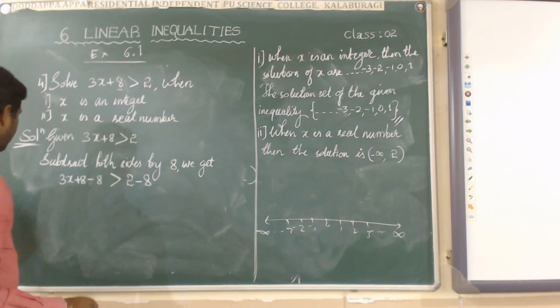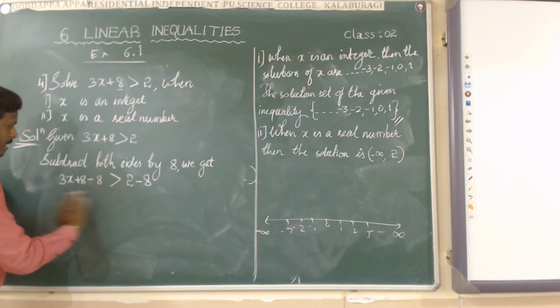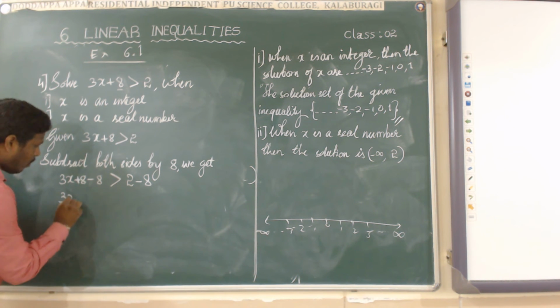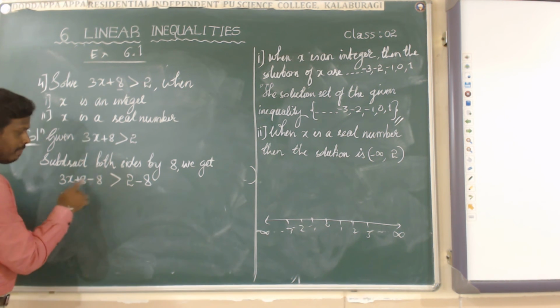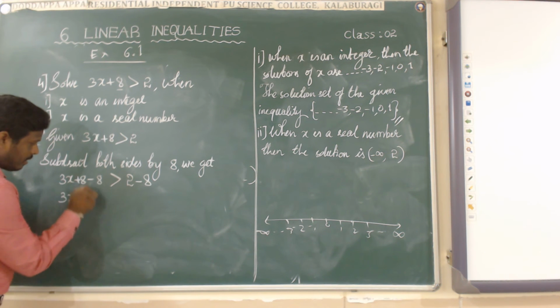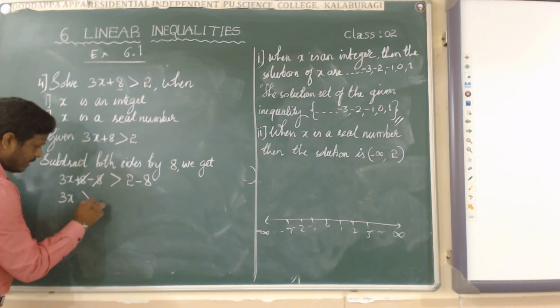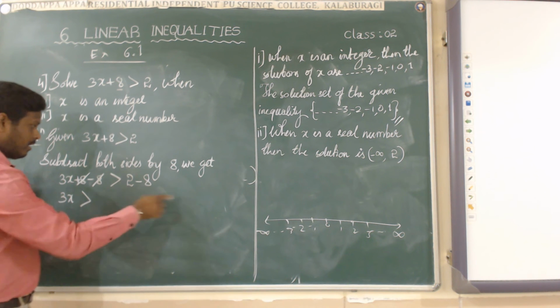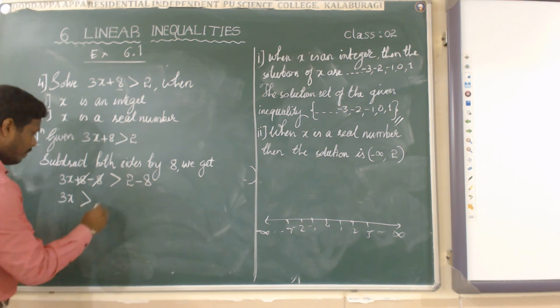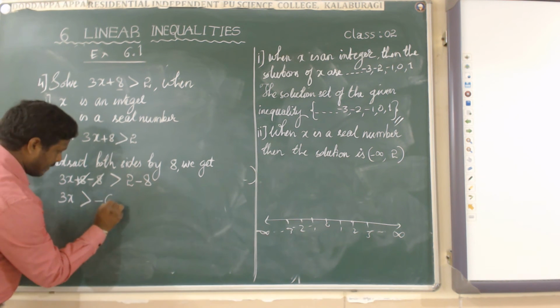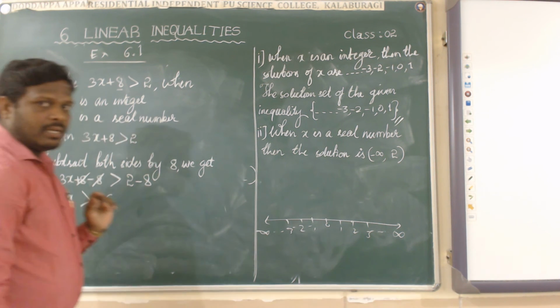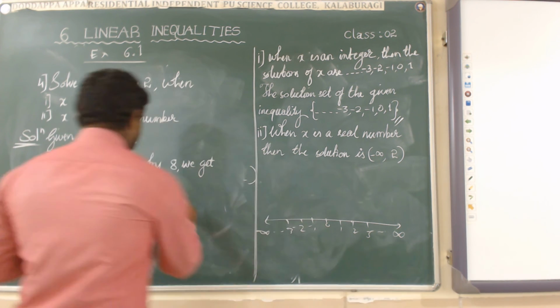Now simplify by basic knowledge of mathematics. 3x is kept as usual, plus 8 minus 8 becomes 0, that will go. And 2 minus 8 gives minus 6, by the help of the first rule.